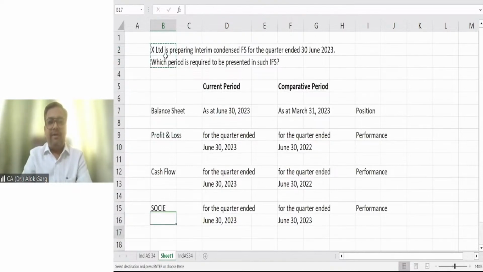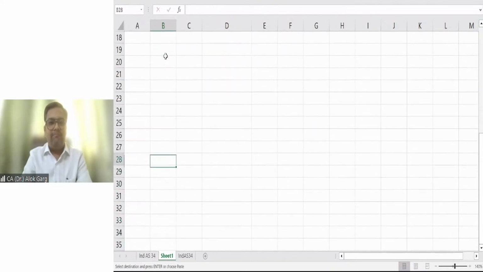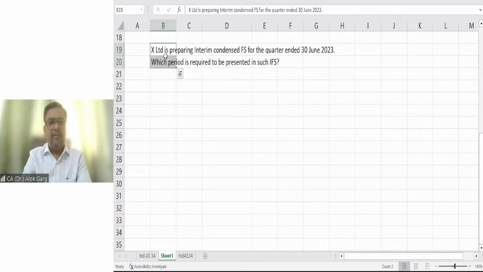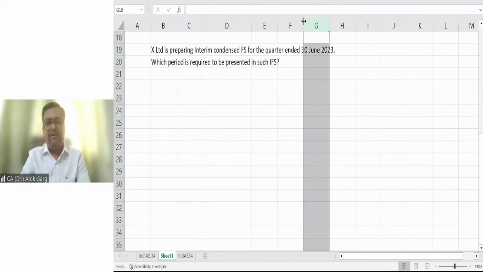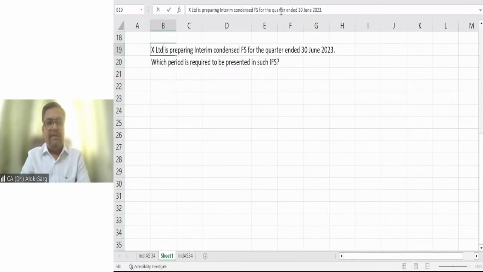X Limited is preparing interim condensed financial statement for the period ended 30th September 2023.